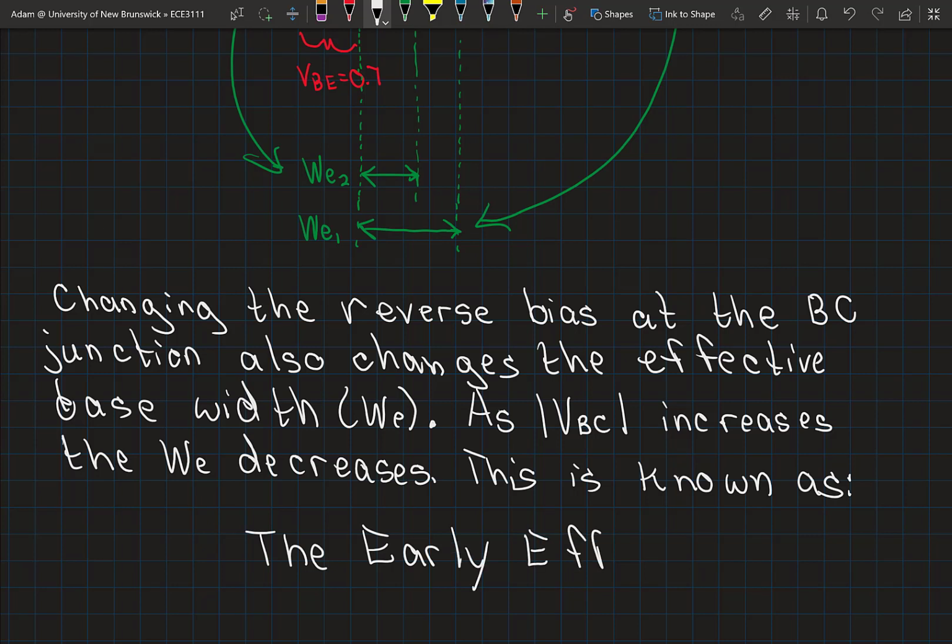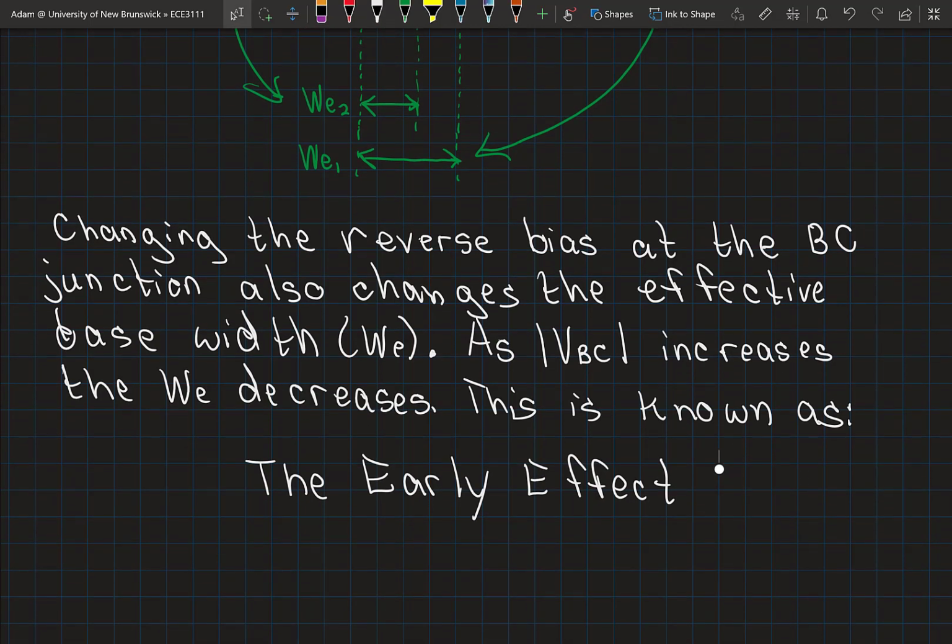You might wonder what the origin of the name is, where the word early comes from. Well, this behavior was discovered by James Early and was therefore named after James Early. This effect is also referred to as base width modulation.